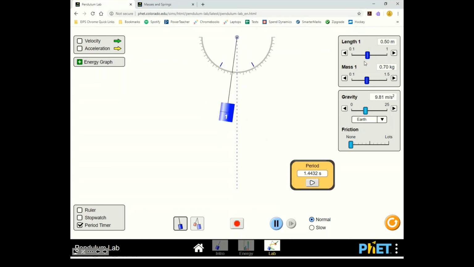First thing I'm going to do is adjust my string length. So let's make it longer and see if that affects it. I want to make sure I reset it every time, bring it back to 30. You can see that that had a big impact on our period.